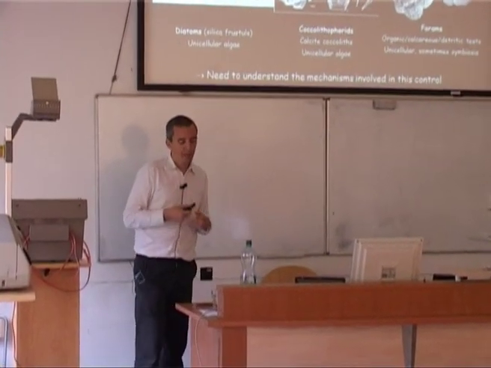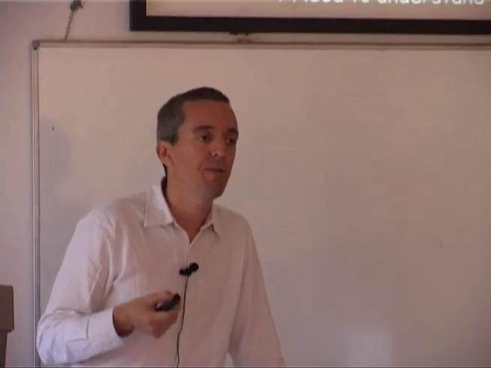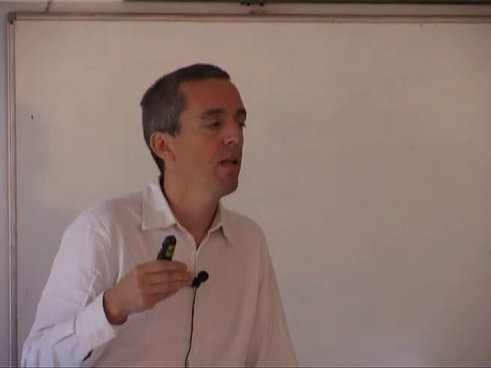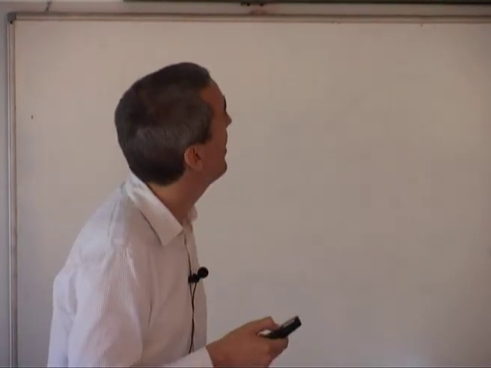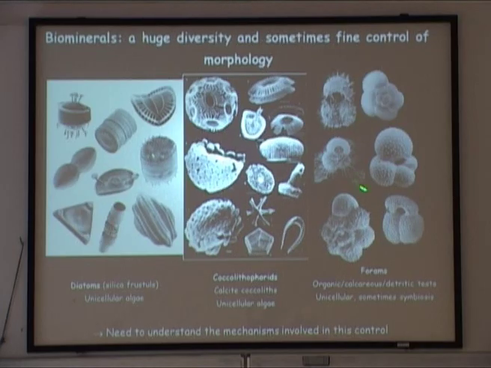So if we want to understand biomineralization, how this works, there are several implications. I mean, we have several needs. First one is, here are some biominerals that you know of.